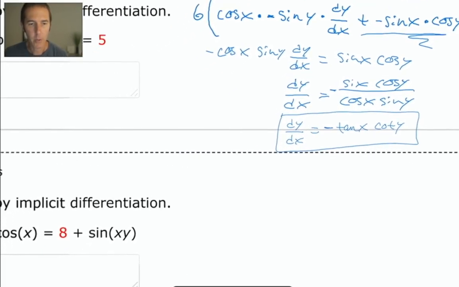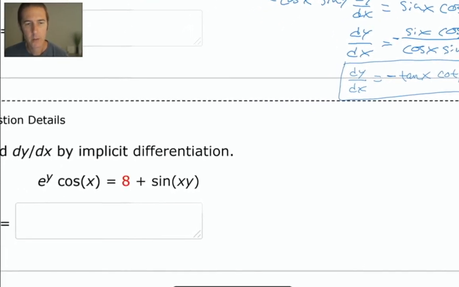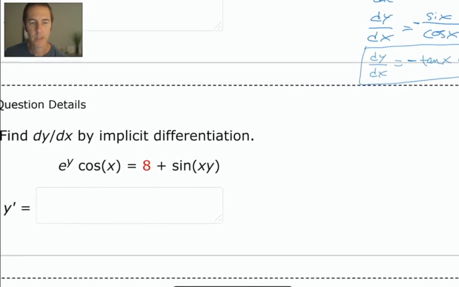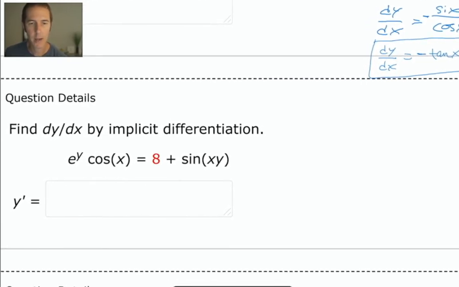What else do we have that we could look at? On the left-hand side of the equation, you've got a product, e to the y times cosine x. So you'll have to use the product rule there. As part of the product rule in this problem, you'll have to take the derivative of e to the y.